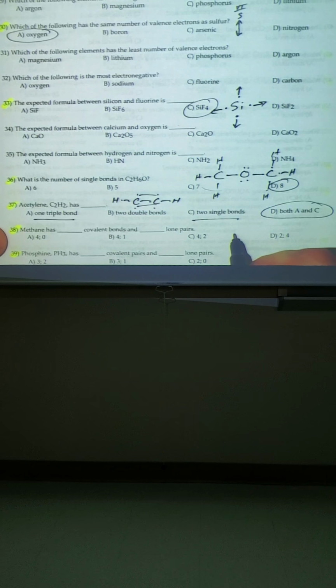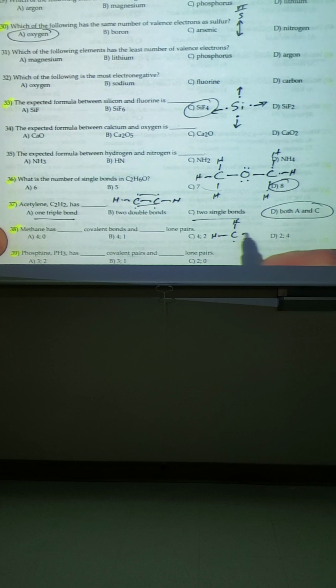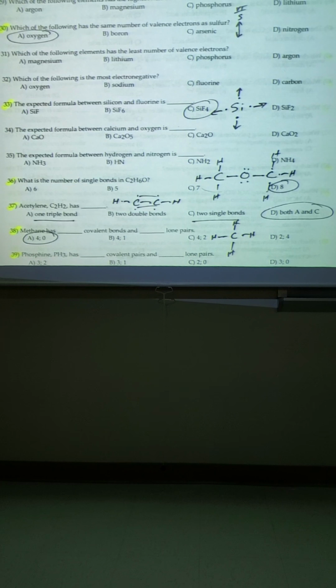Methane is CH4, carbon has 4, hydrogen 1, so connect those, and you'll get 4 of those bonds. So it likes 4 bonds, 0 lone pairs. We would have seen that in lecture as well. That's the preference for carbon and carbon family atoms. If you move over, it still needs to be 4. This is 5. This is only 2. This is only 3.